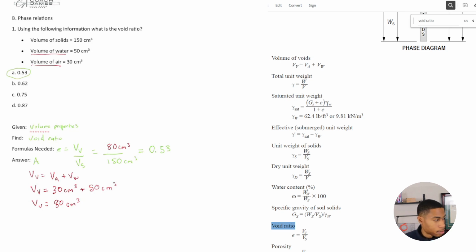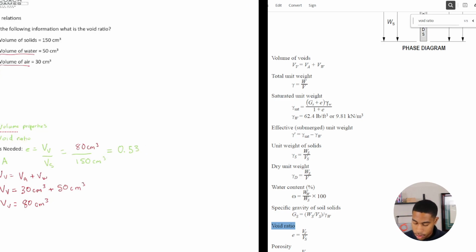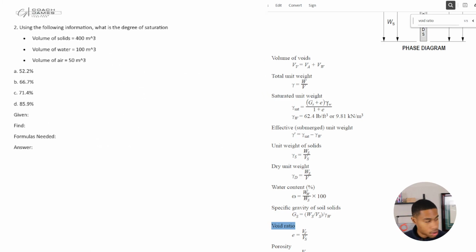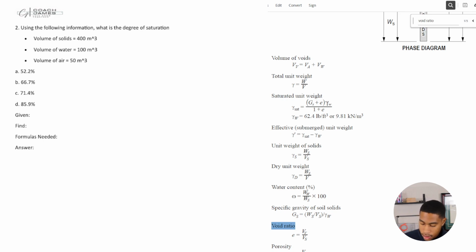All right, let's look at number 2. So this one says, using the following information, what is the degree of saturation? Volume of solids, 400 meters cubed. Volume of water, 100 meters cubed, and volume of air is 50 meters cubed. Okay.